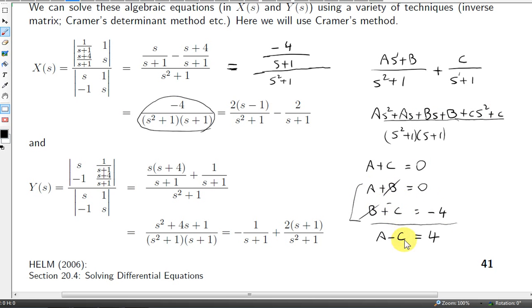So that gives us a minus c, and then we have 0 minus minus 4. And we add on to that a plus c equals 0, the first equation. So we get 2a equals 4, so a equals 2. We can see from the second equation that if a is 2, then b is minus 2. And if b is minus 2, then c must be minus 2 to give minus 4. Minus 2 minus 2 is minus 4.